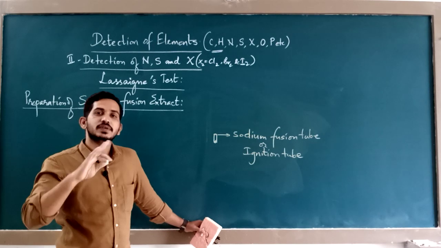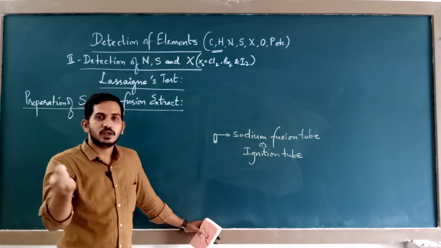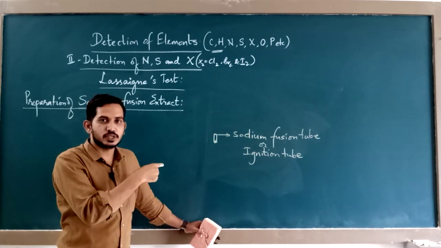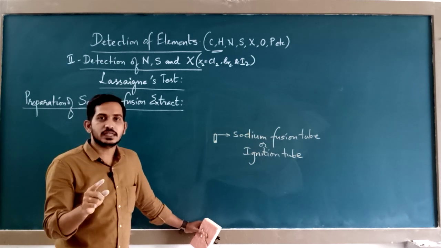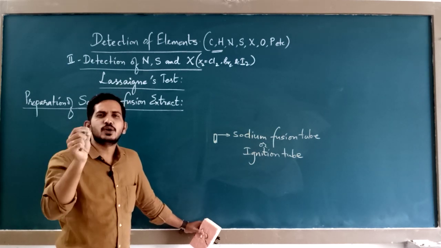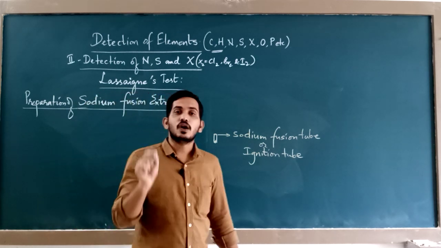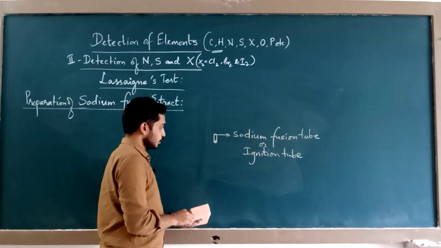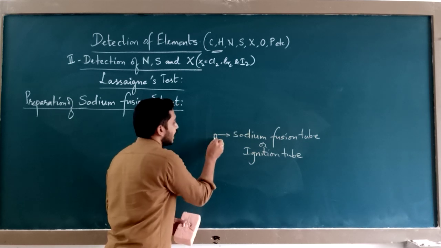Once this is done, you add a pinch of the organic compound. If the compound given to you is solid, add a pinch of it to the sodium fusion tube; else if the compound is liquid in nature, add a drop of it.